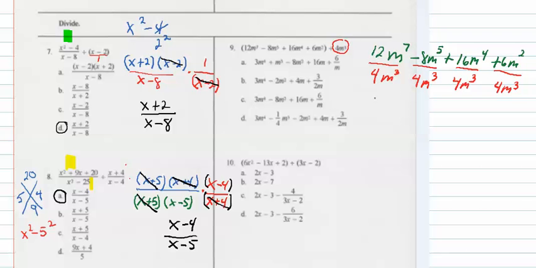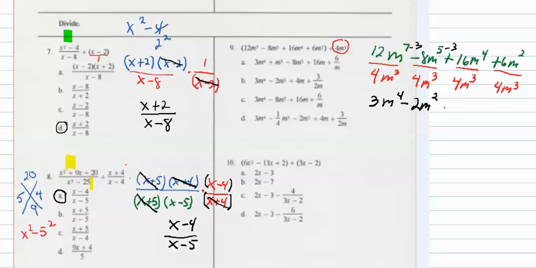How many times will 4 go into 12? 3 times. With your dividing bases, we're going to subtract exponents. So it's going to be m to the 4th. Keep the negative sign. 4 will go into 8 two times. Subtract exponents. M to the 2nd.